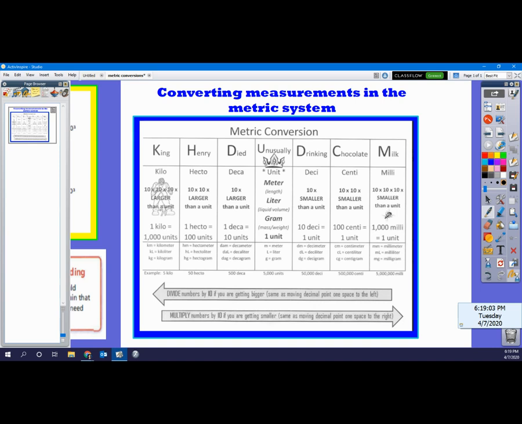So when we are switching from a unit that is small to something that is big, so when we want to move our label to a larger label, we're going to have to divide by a power of 10. So when we're moving to the left, we're going to have to divide by a power of 10.